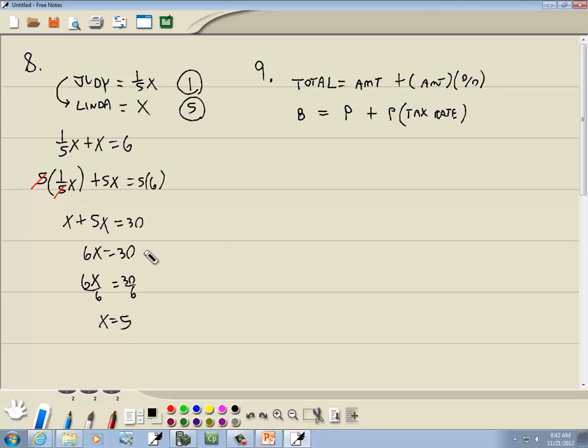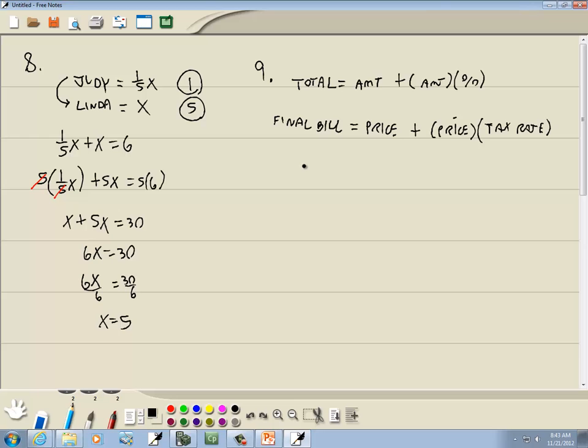Actually, let me just quit being lazy and actually write those out. There we go. So final bill, and then I'll put the letters in there, is going to equal our price plus our price times our tax rate. And this is when you go to the store, this is the formula.